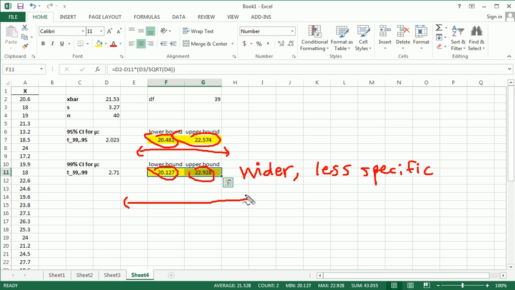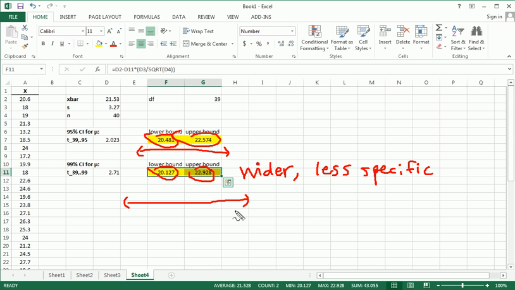Okay? So in order to be more confident, everything else remaining the same, I have to say something less specific. In terms of numbers, that means I have to make a wider interval. Okay? So more confident and less specific. Less confident, more specific. Okay?